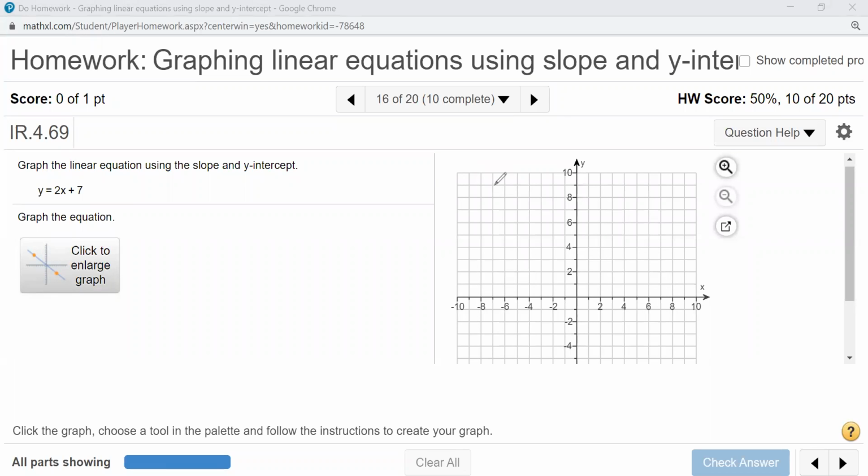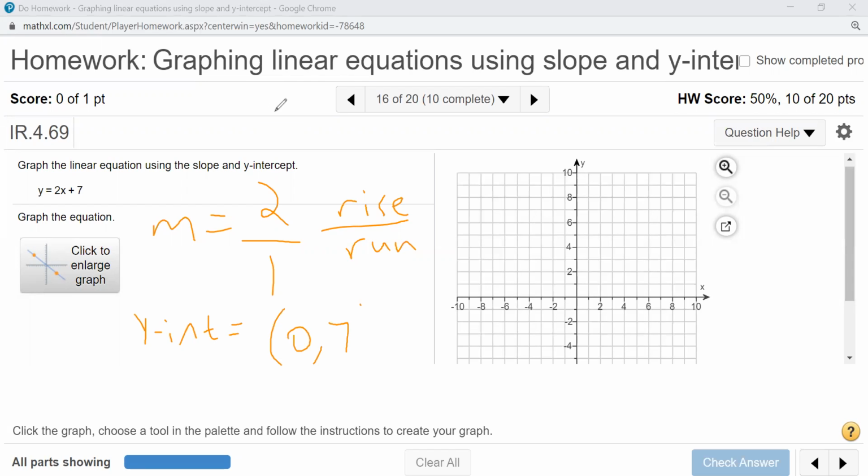The slope is 2, which can be written as 2 over 1. It's positive, so for every 1 unit we go to the right, we're going to go up 2 units. The y-intercept is going to be the coordinate 0, 7.